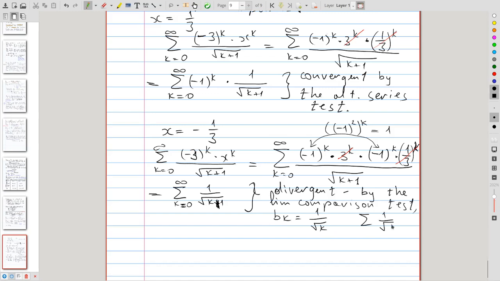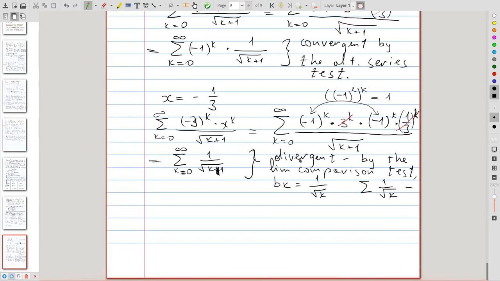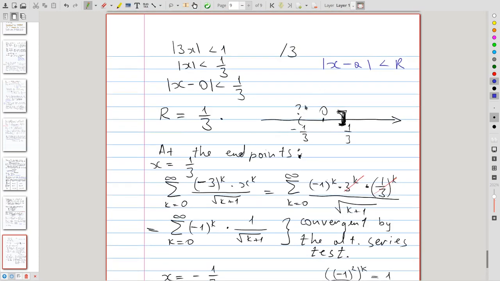So the sum of 1 over square root of k is, of course, divergent as a p-series. And so therefore, by the limit comparison test, both of these series must be divergent. And so the left endpoint here must indeed be excluded from the interval of convergence.